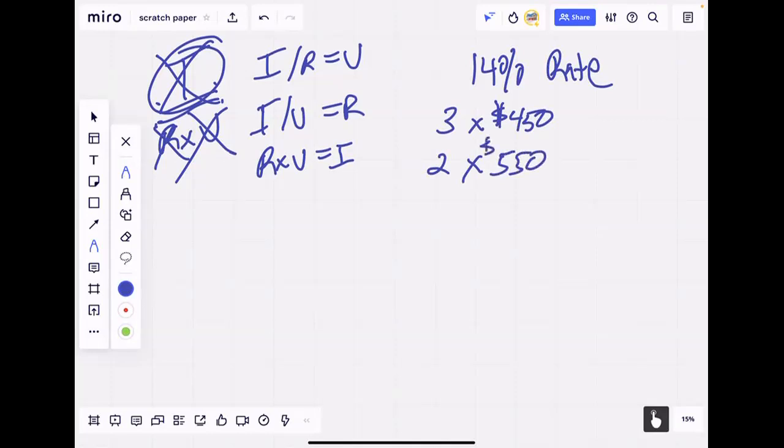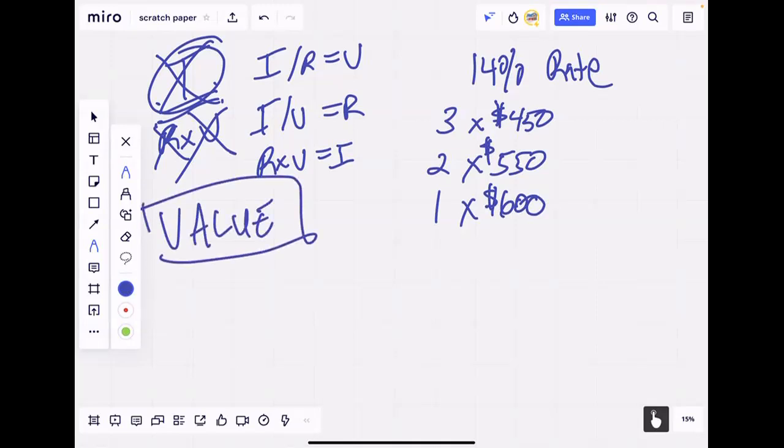And then we have 1 unit at $600. And we're looking for, now remember, we always write down what we're looking for too. The value. We're looking for the value.